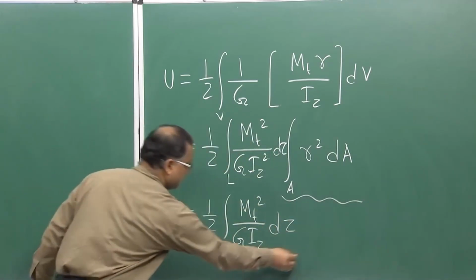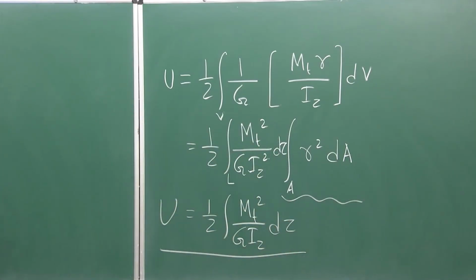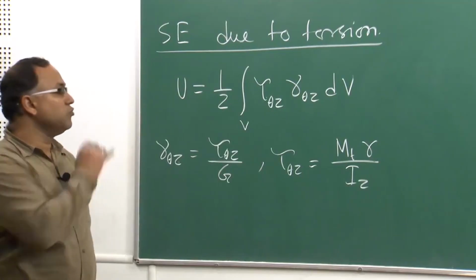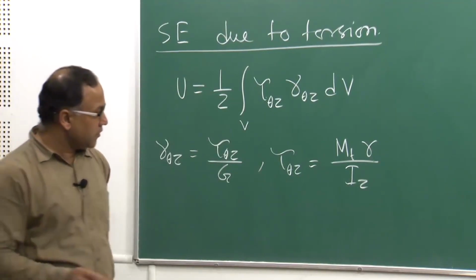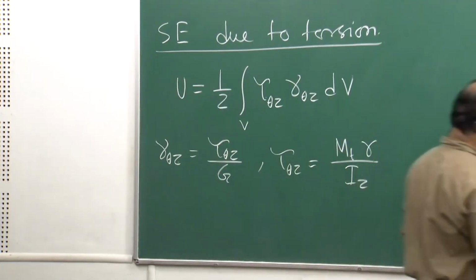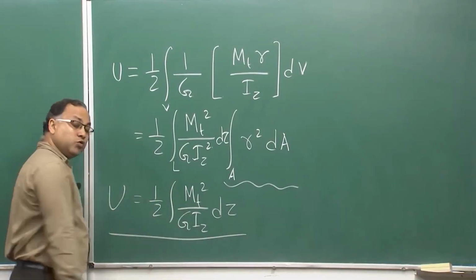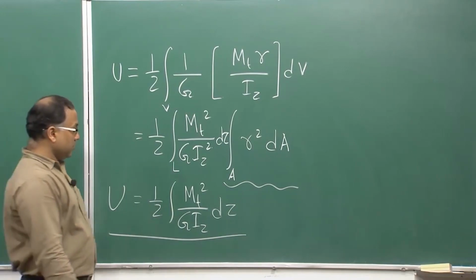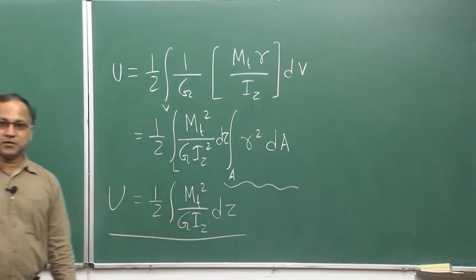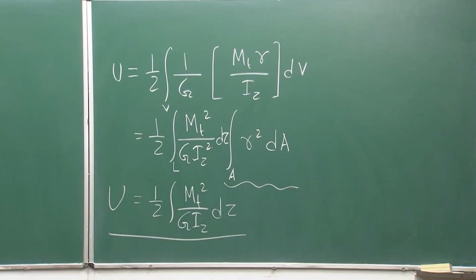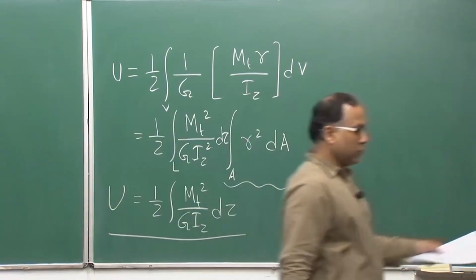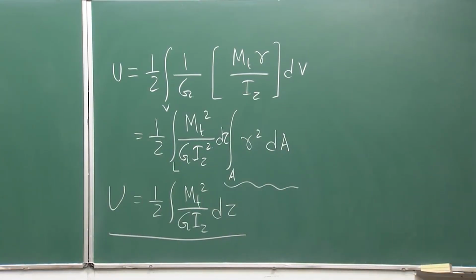That is the expression for your strain energy due to torsion. If you know Mt, that is how much twisting moment is applied, if you know the shear modulus, and if you know the polar moment of inertia, you can find out the strain energy. Agreed? Okay. Now, we will be talking about strain energy due to bending.